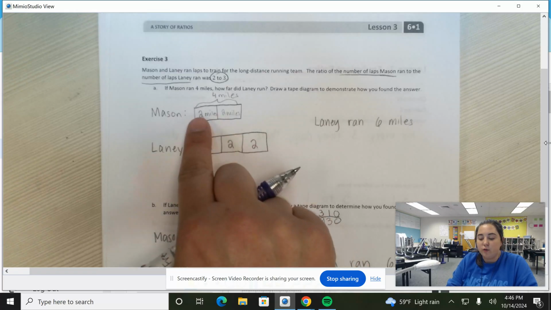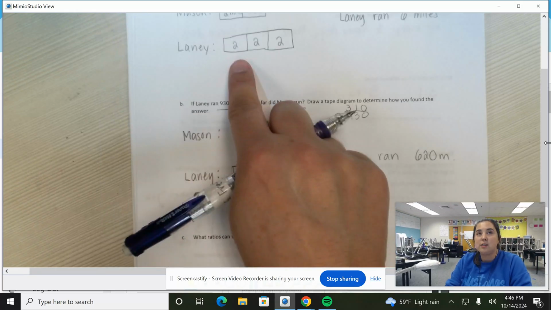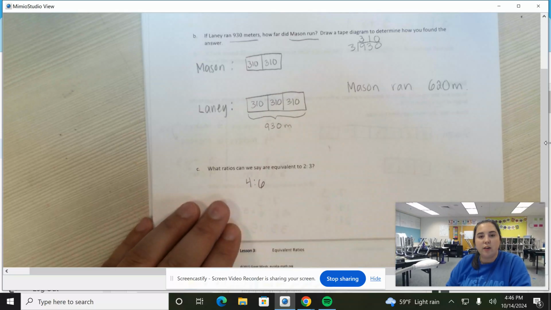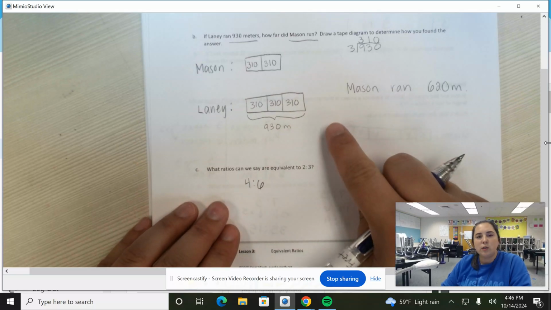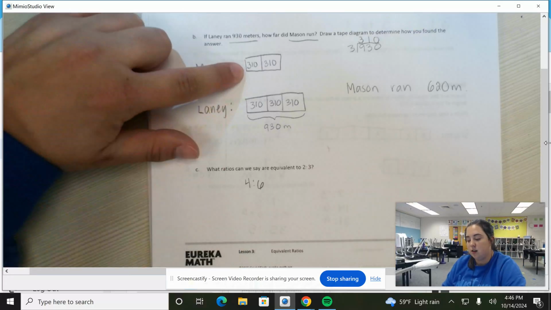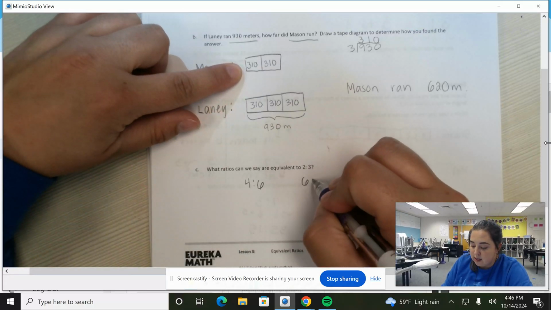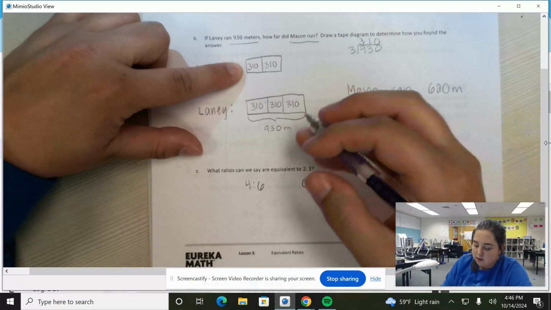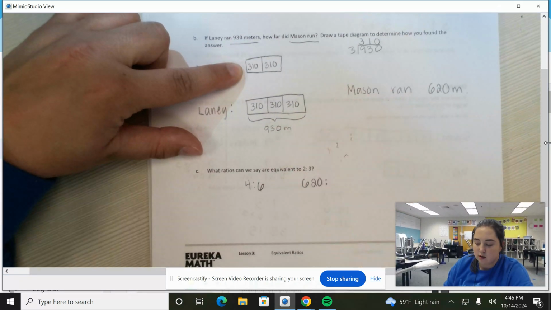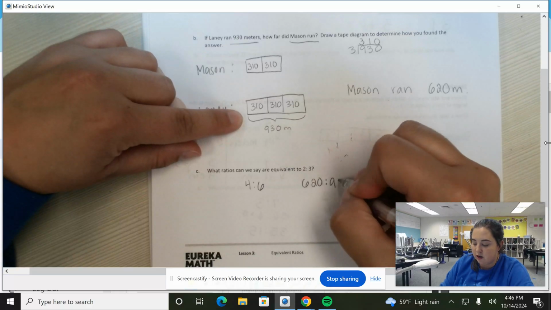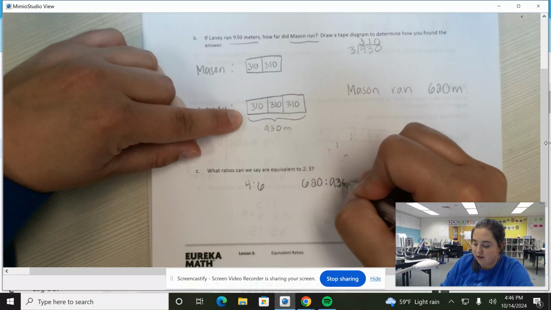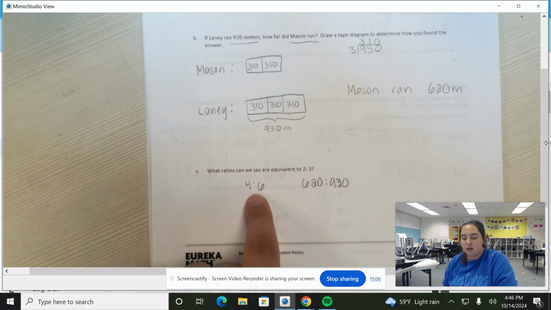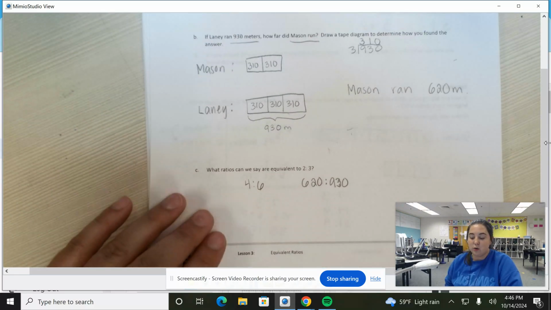So we had 4 to 6. So we know 4 to 6 would be equivalent. What does this one show? 620 to 930. Those are also equivalent. All of these ratios are equivalent to one another.